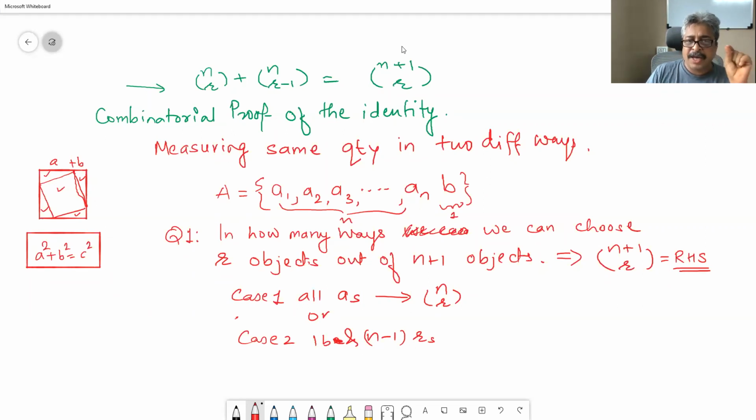If we choose all r out of the n A's, that can be done in n choose r ways.